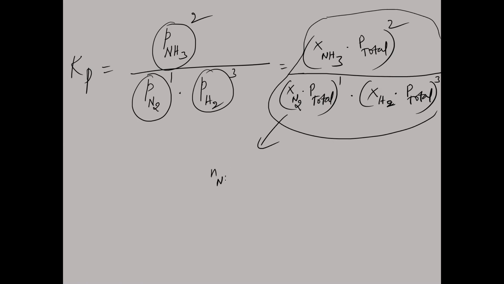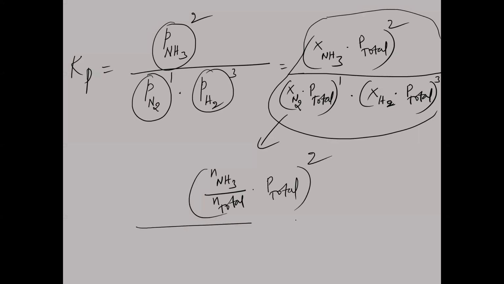Number of moles of ammonia divided by total number of moles of gaseous mixture, into P total, whole square, divided by X NH3 into P total, whole square.